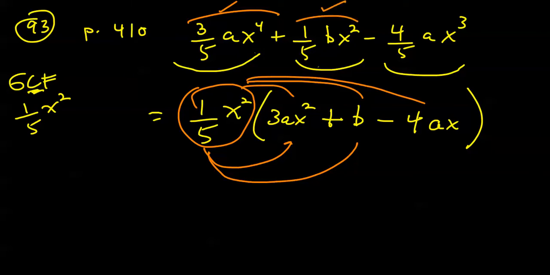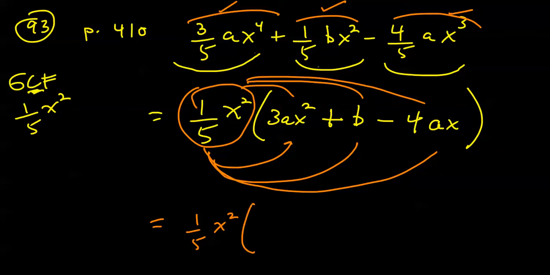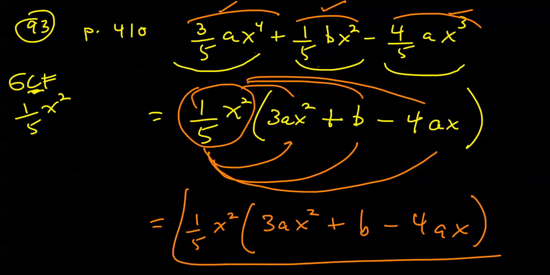That's equivalent, so that's fine. And 1/5 x squared times negative 4ax will give me a minus 4/5 a times x cubed. So that checks also. Final answer, 1/5 x squared times 3ax squared plus b minus 4ax. And a box, right?